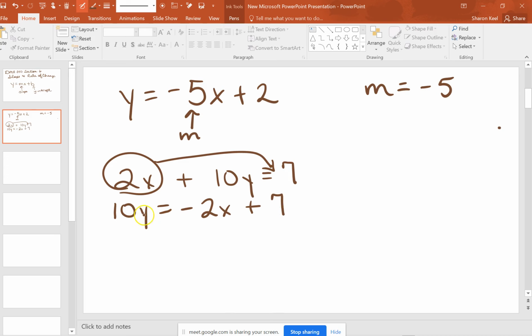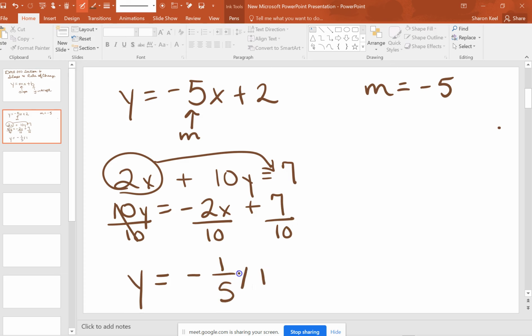In order to get the y alone, we need to divide every term separately by 10. The 10s are going to cancel. Y equals negative 2/10, which simplified is negative 1/5, and don't forget the x, and we can't reduce the fraction 7/10. So for this equation, the slope is negative 1/5.